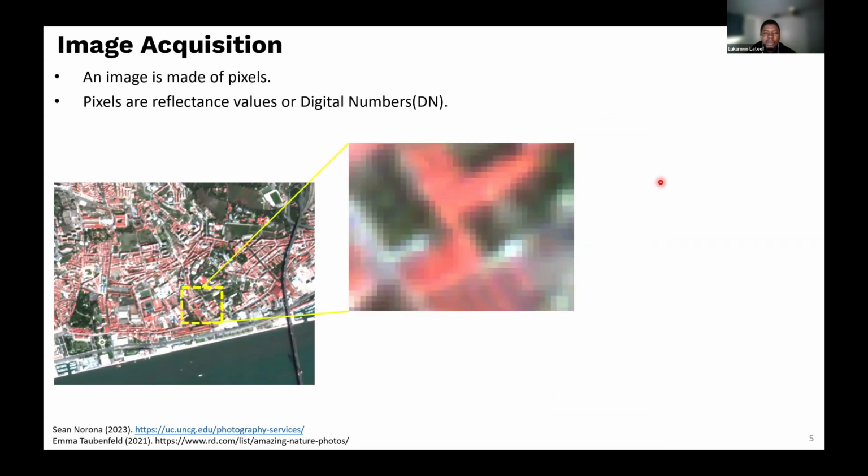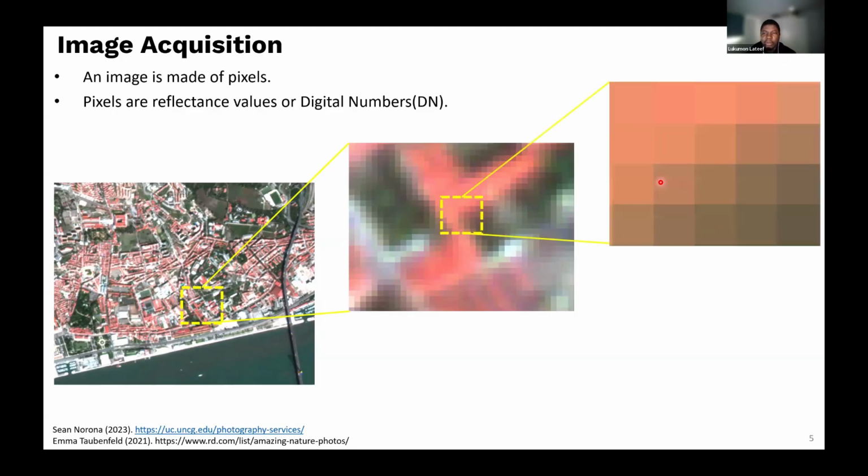You begin to see some fuzzy or irregular or unclear boundary. When you zoom in further, you see a uniform grid, which are called pixels. Each of these pixels contains a unique number, which is the amount of energy that was reflected by the feature.